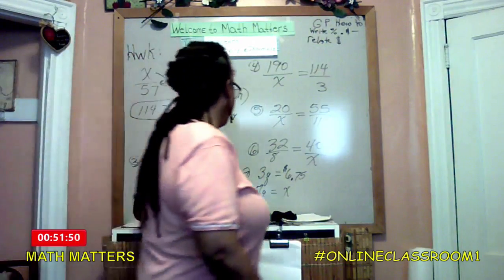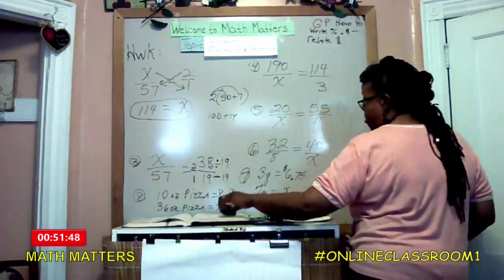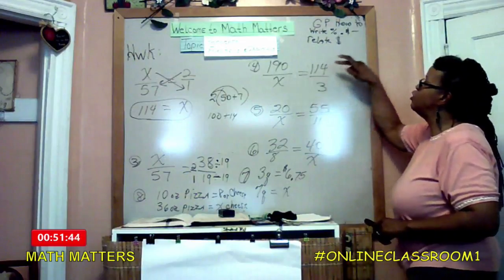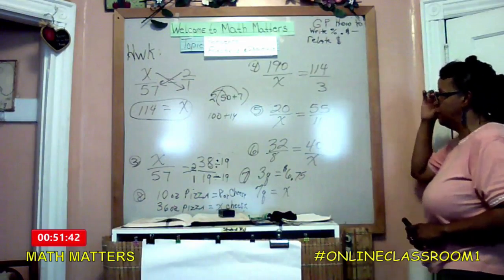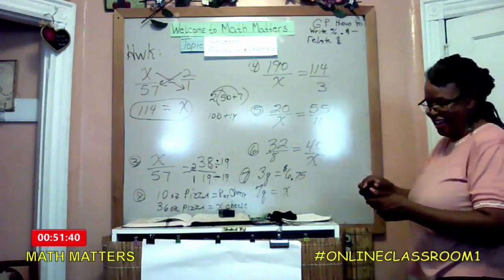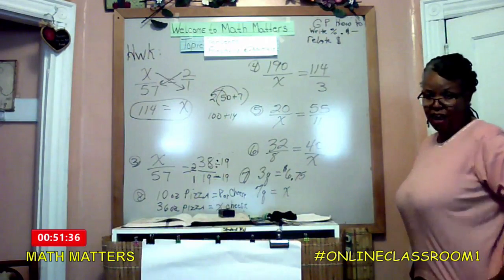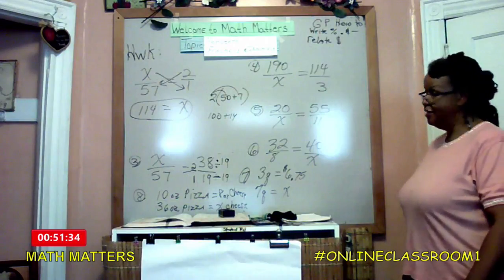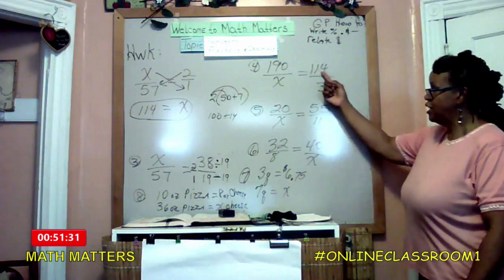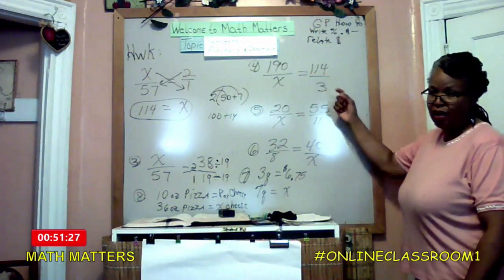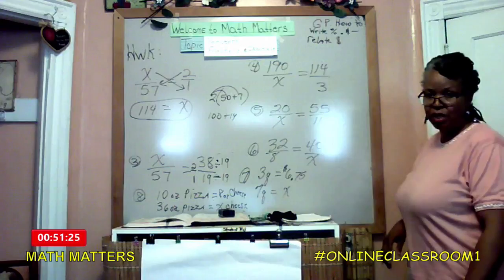Let's look at number 4. 190 is to some number as 114 is to 3. This is so cute. Do you know how to tell if a number divides by 3 evenly? You add up the digits, and if 3 divides into the sum of the digits, then 3 goes into that number evenly.